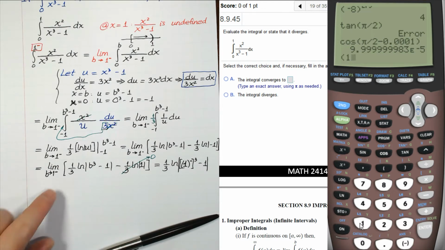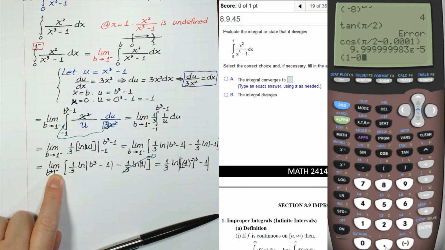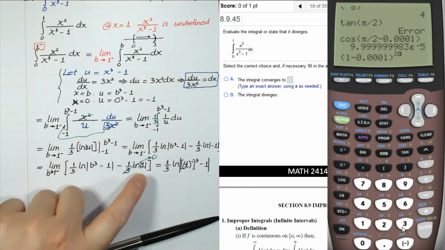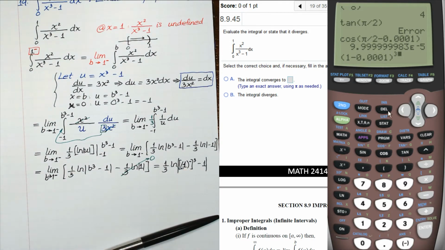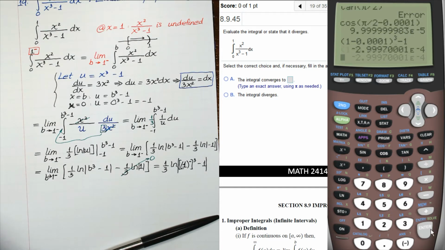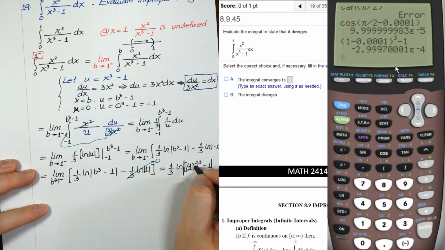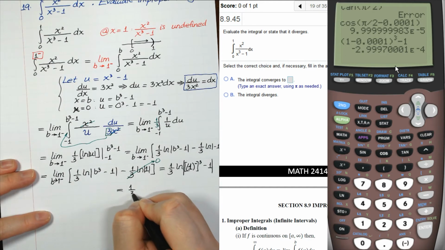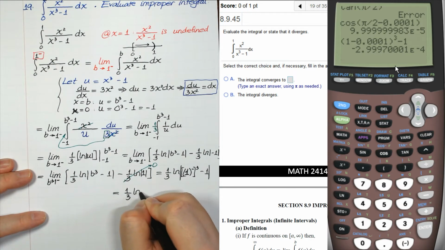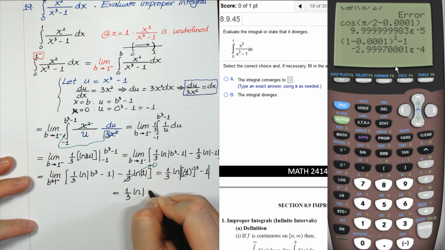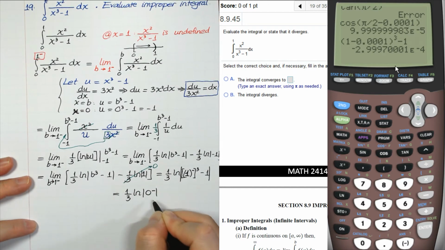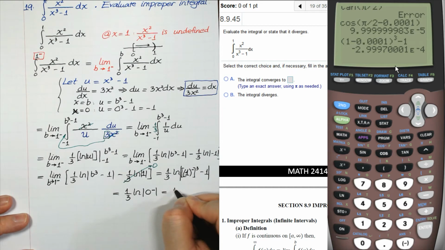We have b going to 1 from the negative side, so we subtract a very small number, cube it and then minus 1. Right, that is a negative, very small number. We still have the absolute value. That's what I mean. We have a very small number that is negative, which is ln of 0 plus.